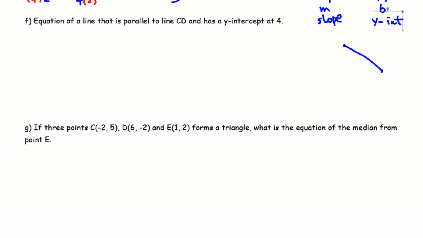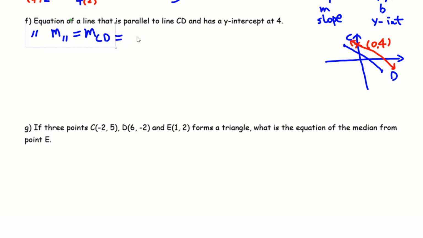So this is C and D, and you are looking for another line that passes through this point on the y-axis and is parallel to CD. When two lines are parallel, the parallel slope will equal the slope of CD. The slope of CD we have is negative 7 over 8.